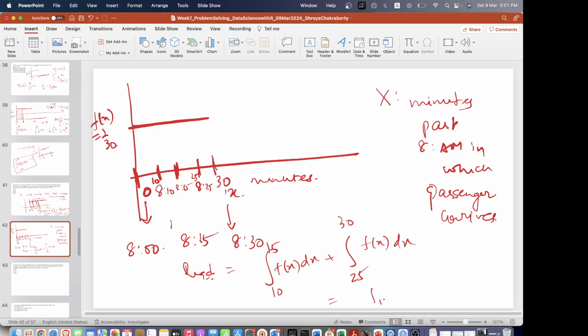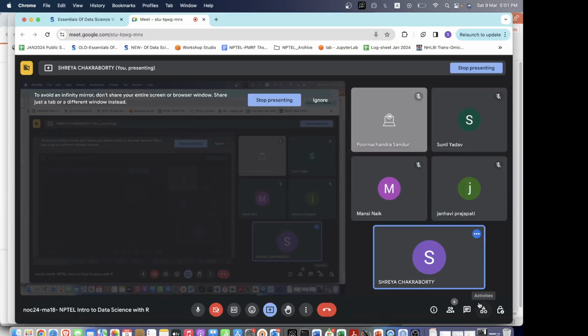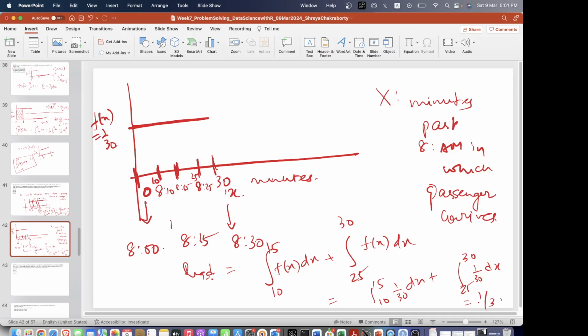So this is the integral of 1 by 30 dx from 10 to 15 plus the integral of 1 by 30 dx from 25 to 30. So this would be 5 by 30, 5 by 30, and so we have 1 by 3 as the answer. Is it clear? Is it okay? Any doubt? No?